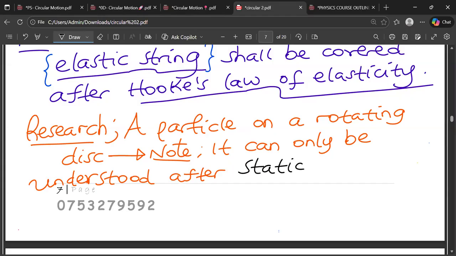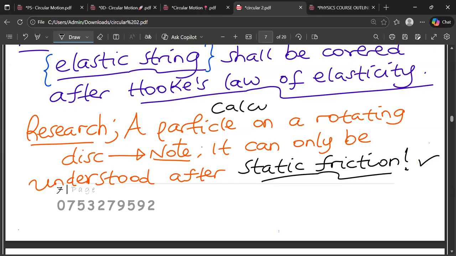But the syllabus book didn't specify that we talk about it, so I'm just giving it to you as research. But trust me, when you study static friction, then those calculations on that particle which is on a rotating disk, you can only understand it after what? Static friction. If you don't understand static friction, then you cannot get it.